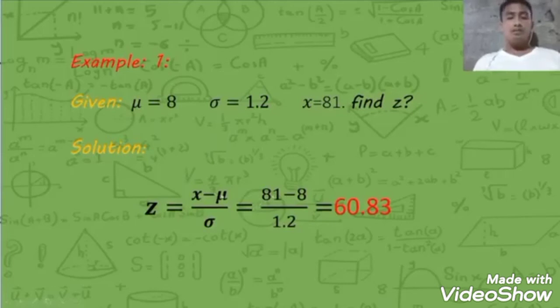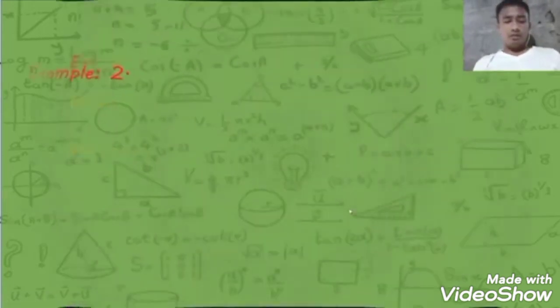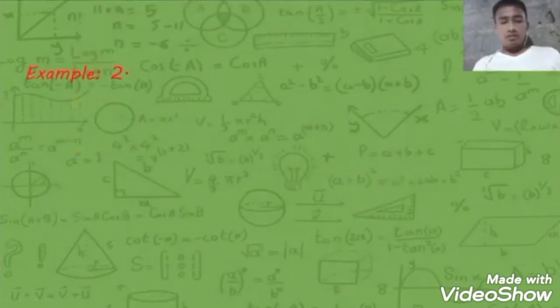Substitute the raw score, 81, minus the mean, 8, all over the standard deviation, 1.2. Using our calculator, 81 minus 8 divided by 1.2 is 60.83. So, if the Z-score is positive, the score is above the mean.